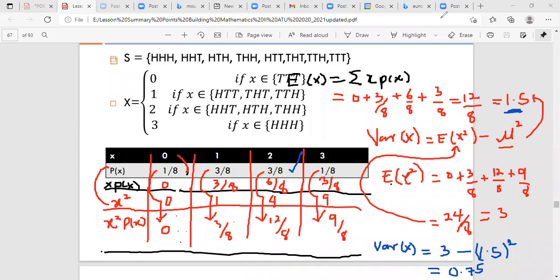Immediately I'm seeing two hands up. Edmond. Sir, I wanted to ask, the 12 over 8 in the x squared times p of x, can't we simplify it to be 3 over 2?